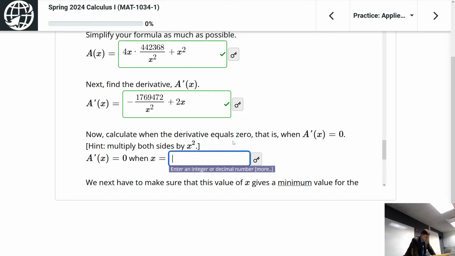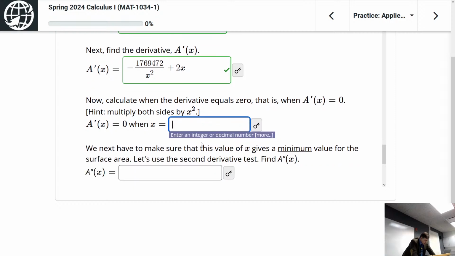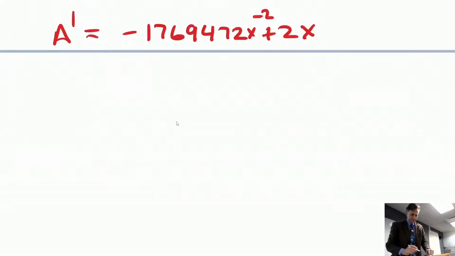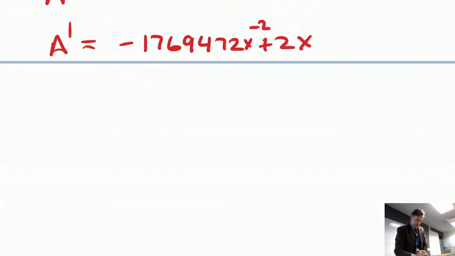Okay, so the next one says calculate the derivative equal to 0. That's easy enough. It even gives you a hint as to how to do this. Then it wants to know when x equals. So I set this equal to 0, and I'm going to multiply both sides by x squared.